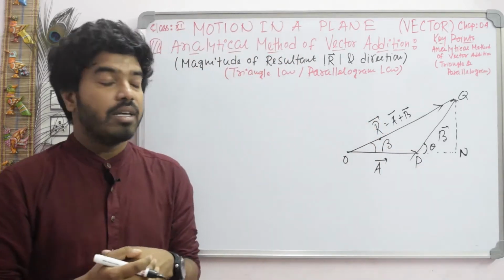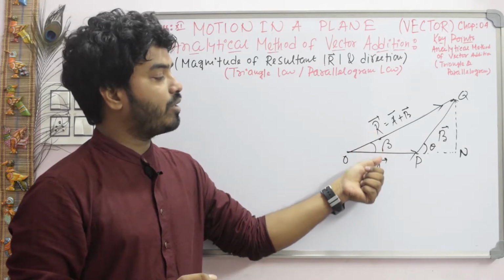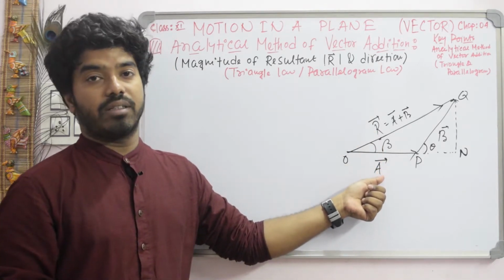What is beta? Beta is the angle that the resultant vector makes with the A vector.